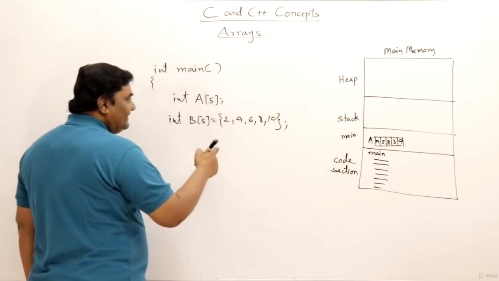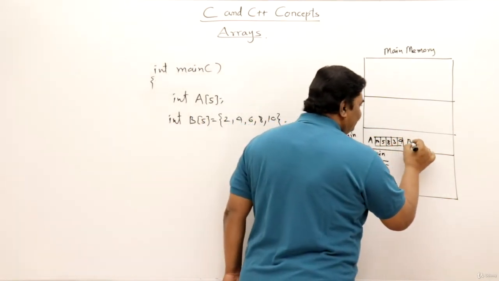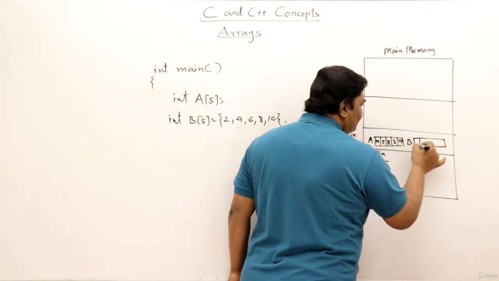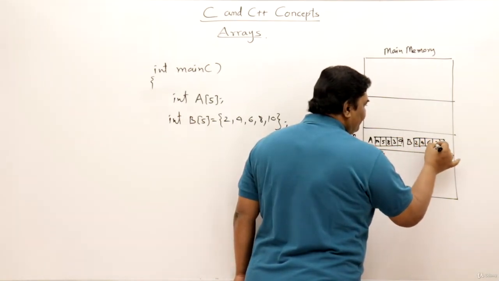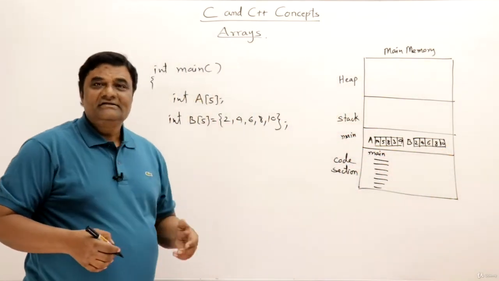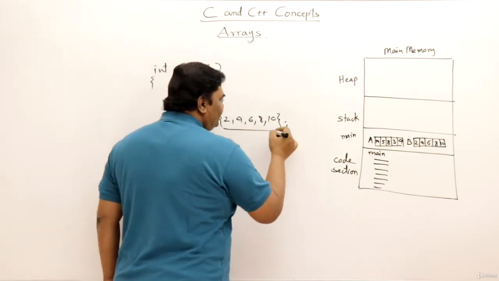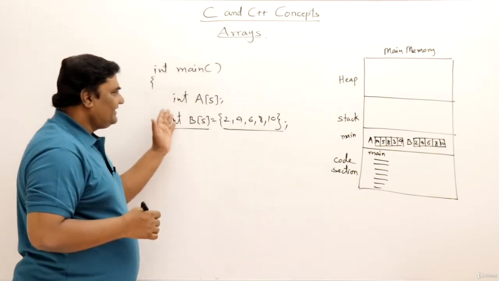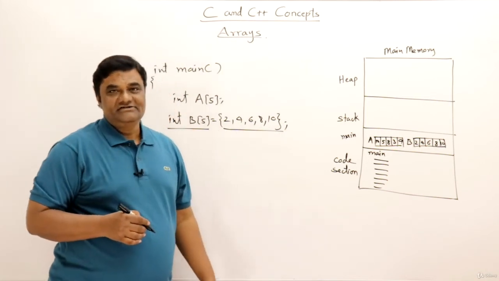So the array will be created and it will already be filled with the values. Suppose an array B is created inside the stack, then it will be filled with the values 2, 4, 6, 8, 10. So this portion is the declaration of an array, and this is the initialization. This is just declaration, and this is declaration as well as initialization.